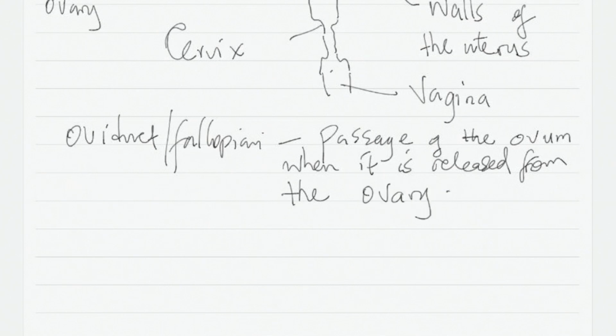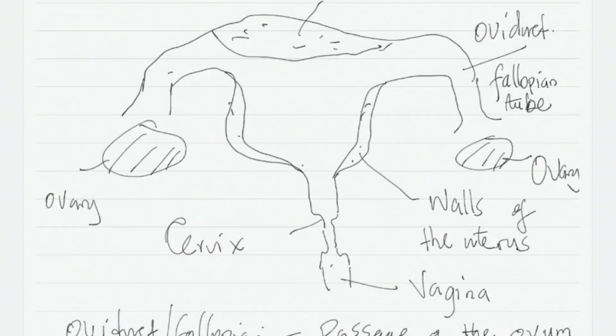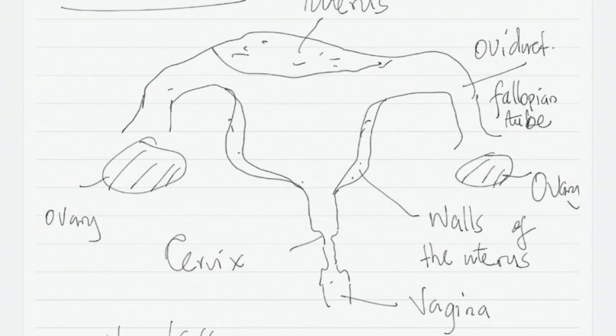The ovary produces the ovum. So as it is produced, it will start moving towards the uterus through the fallopian tube or oviduct.